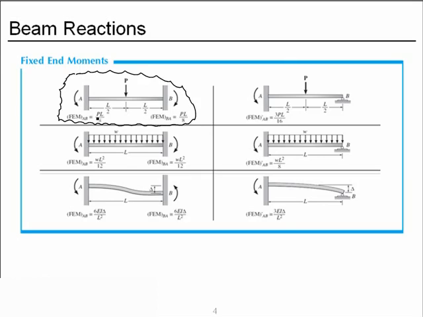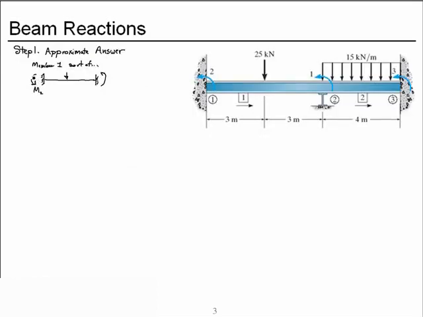We need to pay attention to our directions. On the left end, it is counterclockwise, and in the stiffness method, we draw a positive moment as counterclockwise. So our approximation for the moment at degree of freedom 2, that's degree of freedom 2, not node 2, is PL over 8, and that's positive in the direction drawn.